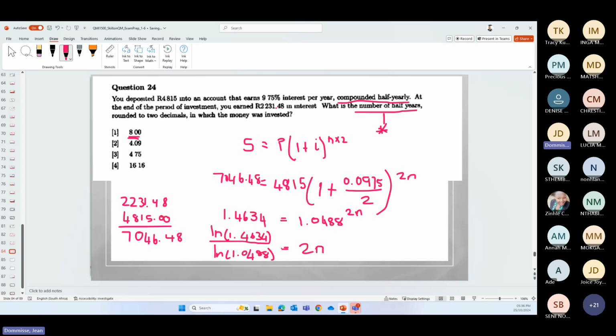So let me just quickly check that. So 1.4634 log divided by 1.0488 log.